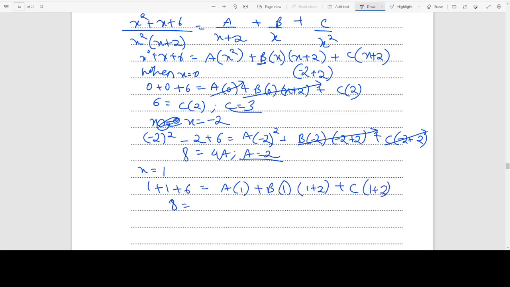So we have 8 equals 2a, which is basically 2, so 2 plus b into 1 into 1 plus 2 is 3, plus c is 3, so 3 into 3 is 9. So minus 3 equals 3b, b is equal to minus 1.